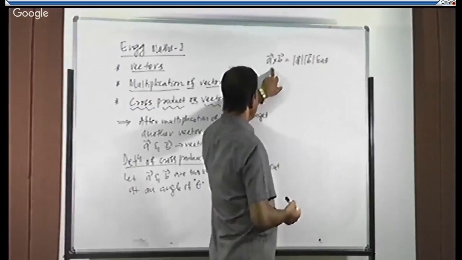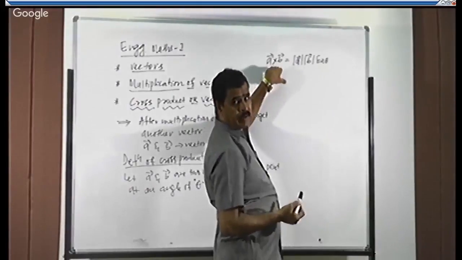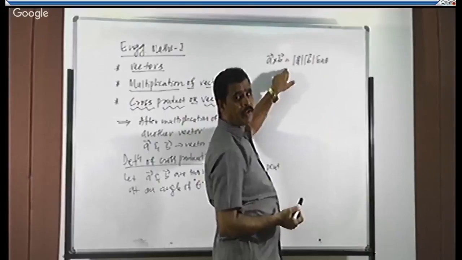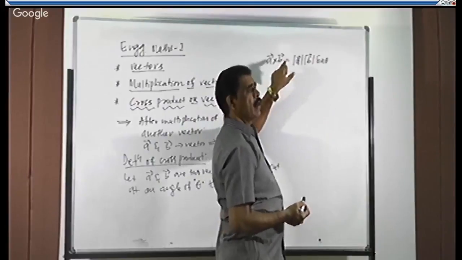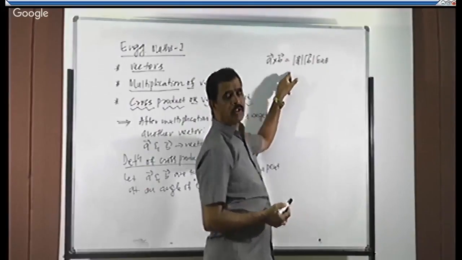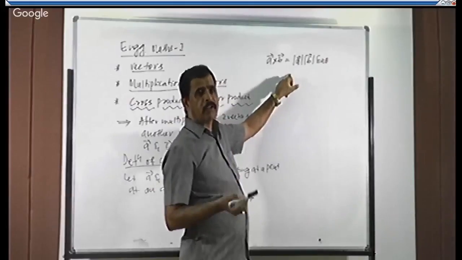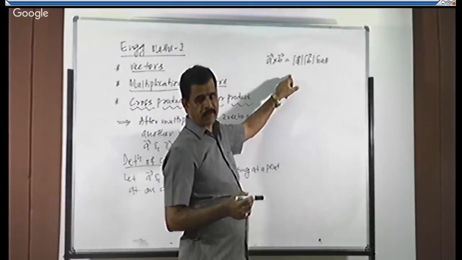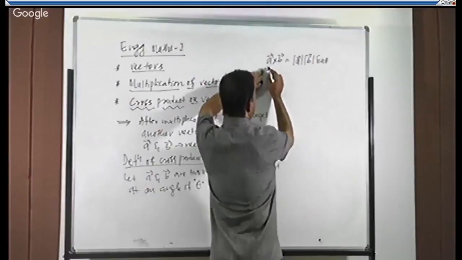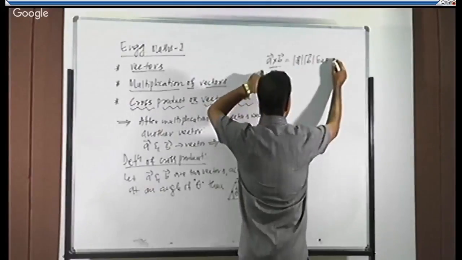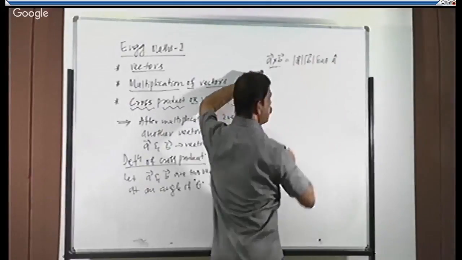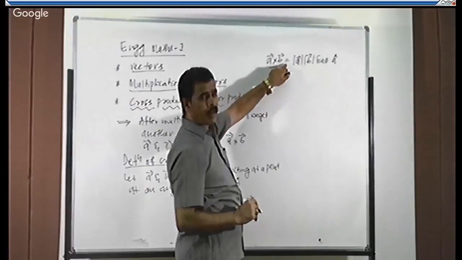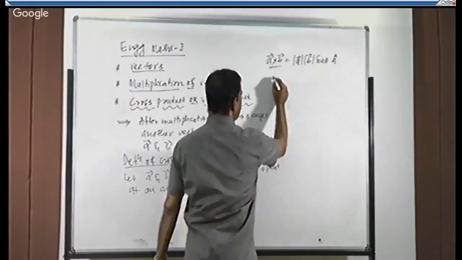So the resultant is always a vector. The cross product resultant is always a vector. According to the rule, there will be a unit vector along A cross B. So I will take n to be the unit vector along vector A cross B.